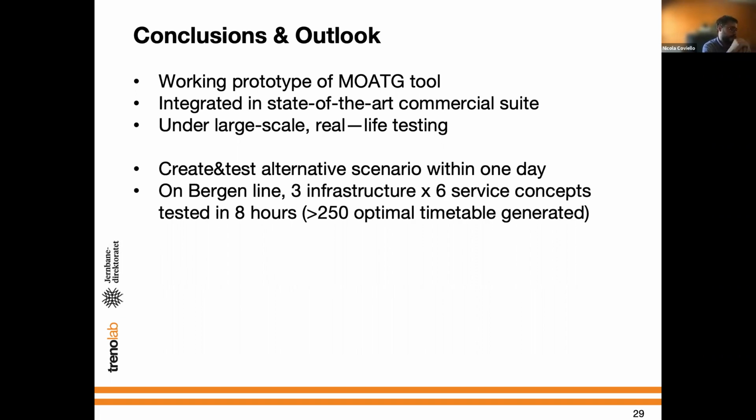Just as an example, on the Bergen line, we generated timetables for 3 infrastructure and 6 service concept variants, so a total of 18 scenarios in 8 hours. We ran it overnight, basically. And this produced more than 250 optimal timetables.